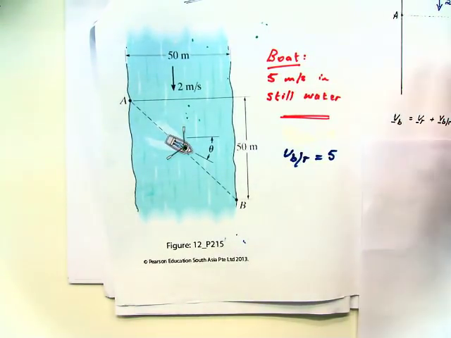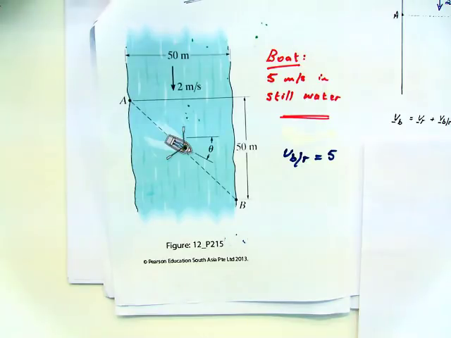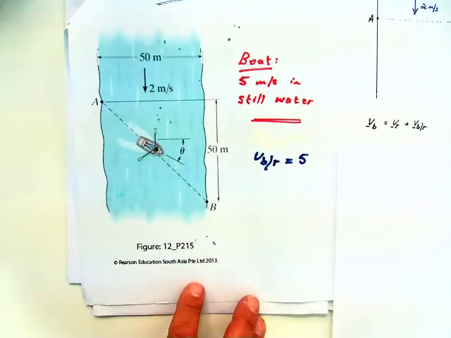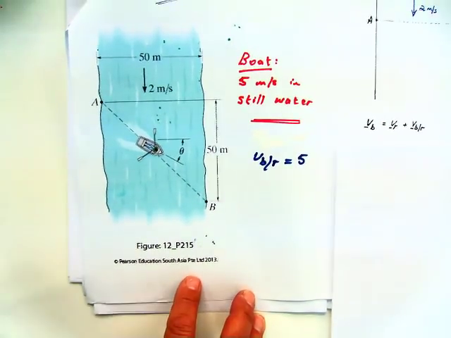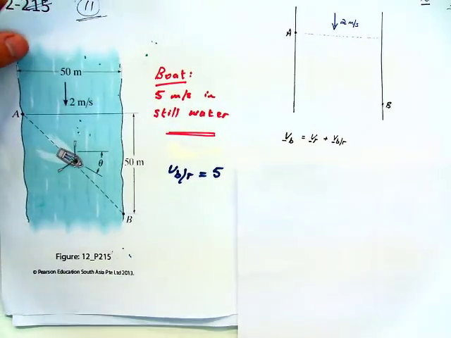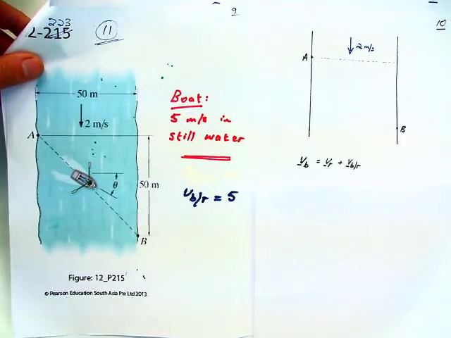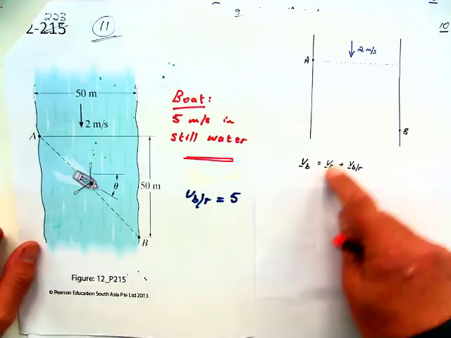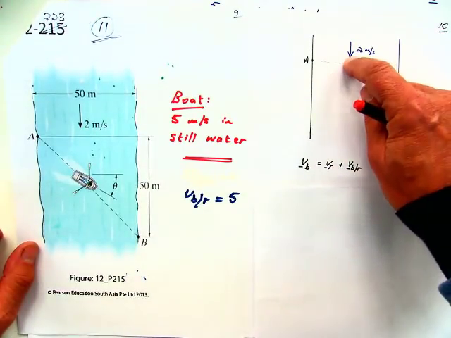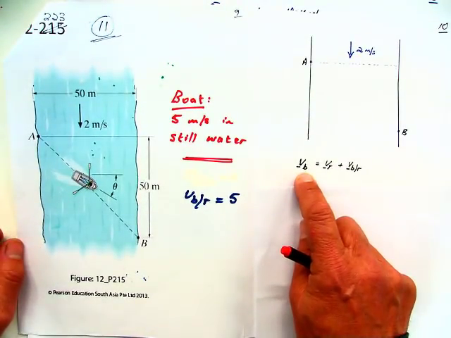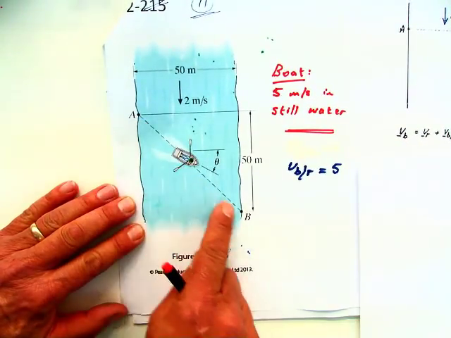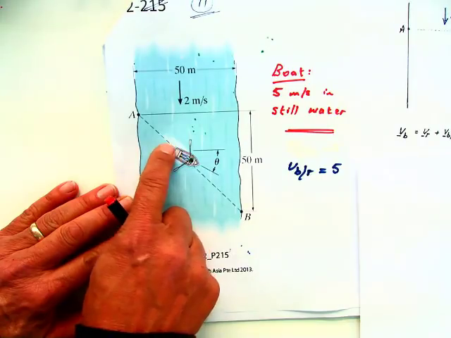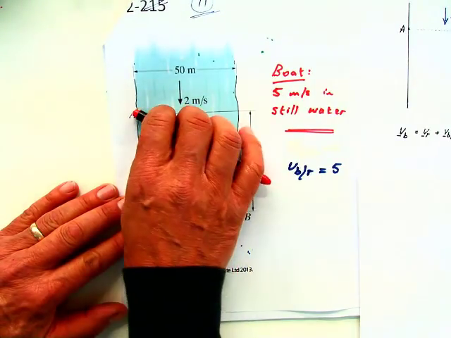Well, the velocity of the river is obvious at 2 meters per second. Let me just, sorry, I'm off the page. Let me go to this side. The velocity of the river is going to be that one. Now, what is the velocity of the boat? Is the velocity of the boat the velocity along this line, or the one at that angle theta?